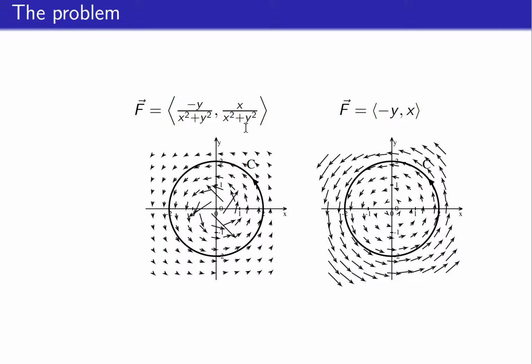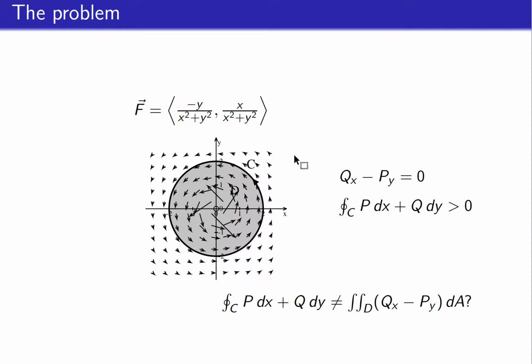Because it's divided by x squared plus y squared, out here, they're very small, and as they get closer and closer in, they get larger and larger. And you notice that at this point, it becomes almost unreadable exactly what's happening here. And at the origin, this thing goes to infinity. Okay. That observation is actually at the heart of what's maybe going on here.